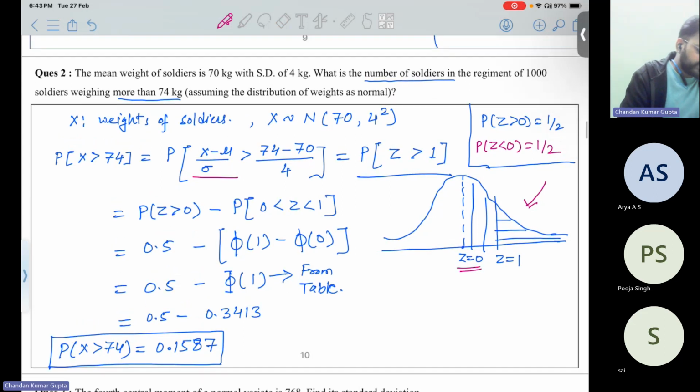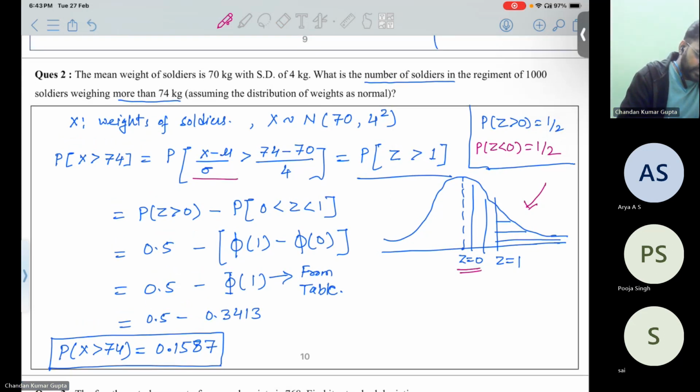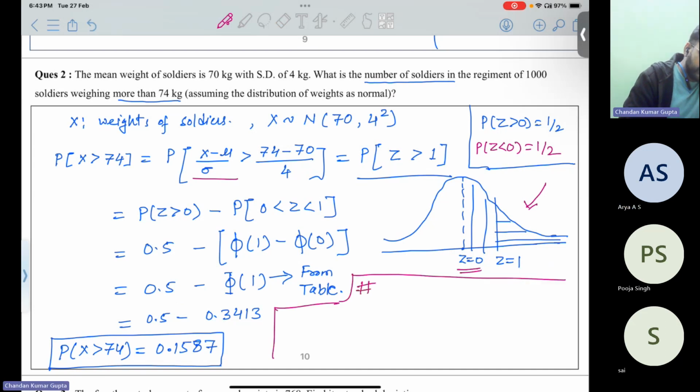So we now need to calculate the number of soldiers. The required number of soldiers is 1000 into the probability that x is greater than 74.